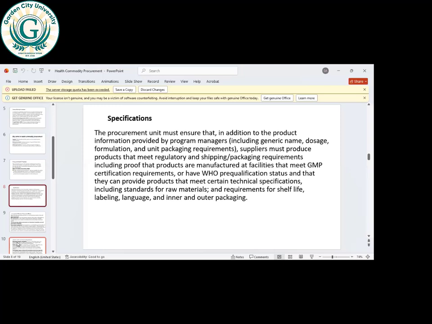After product selection and quantification, the next step is specifications.